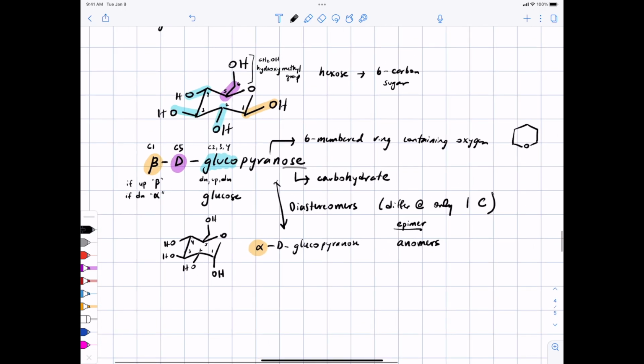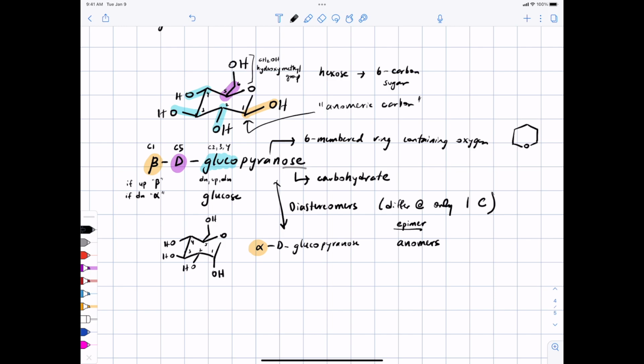And anomers refers to differing stereochemistry at a hemiacetal carbon. Carbon 1 is often called the anomeric carbon. That's the hemiacetal carbon. So you're going to hear those terms. People will call beta-D-glucopyranose the beta anomer or the beta diastereomer.